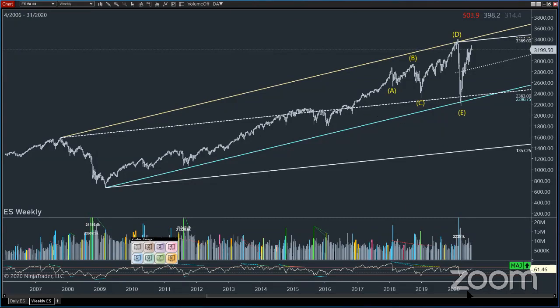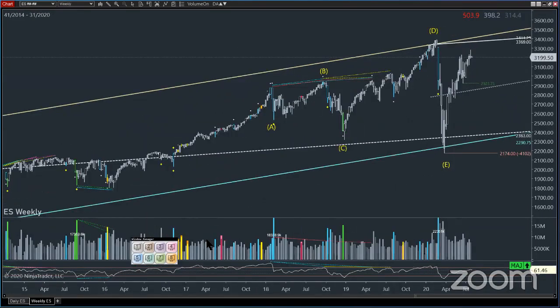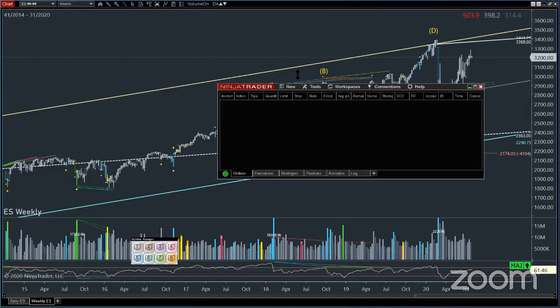If it's making a lower high and we're going to go down and break that low, you obviously don't have very much room left. I want to say the NASDAQ has already broken it, hadn't it? Let's see.